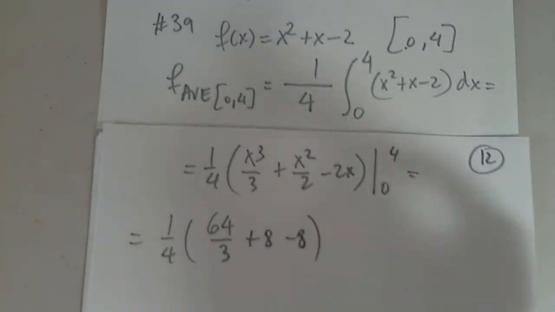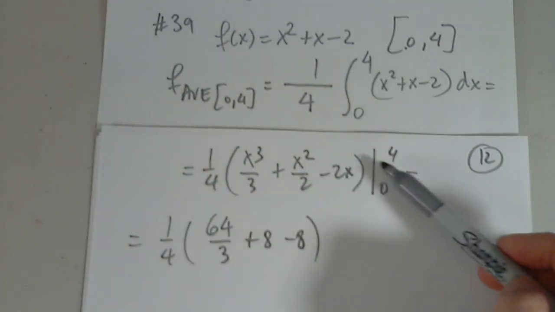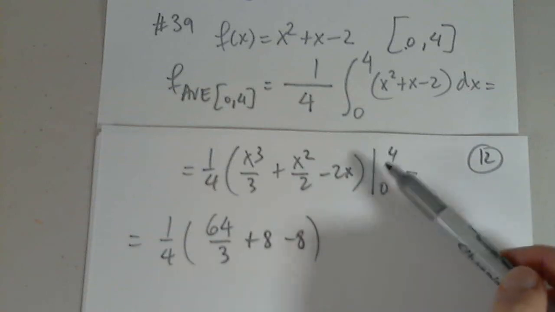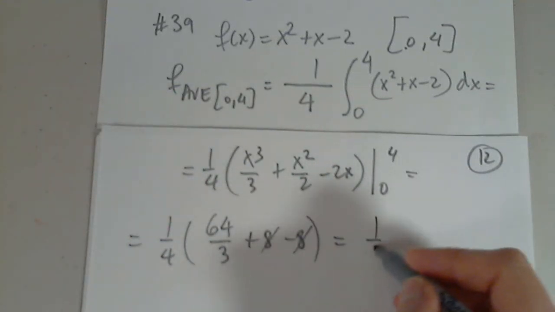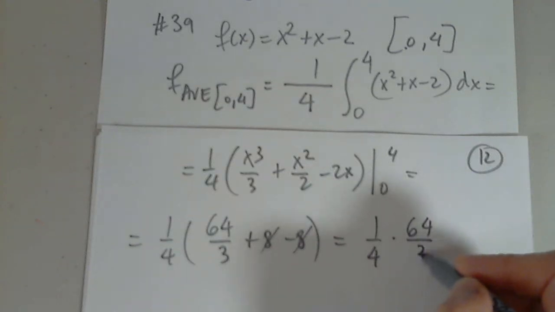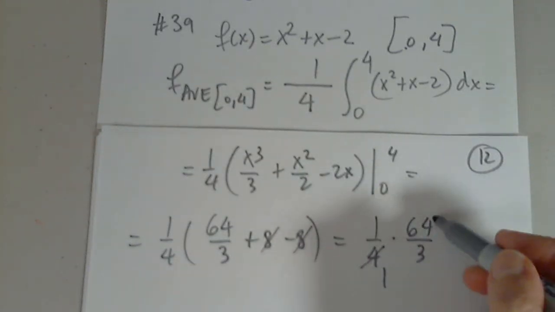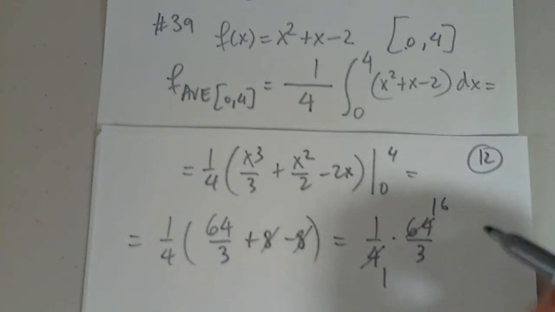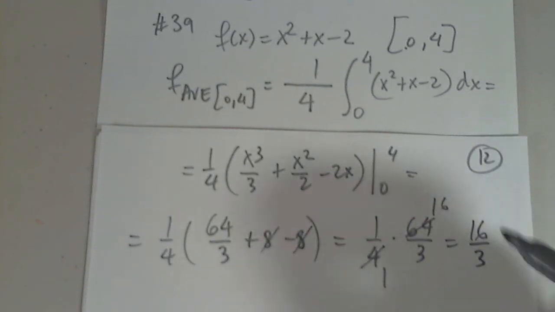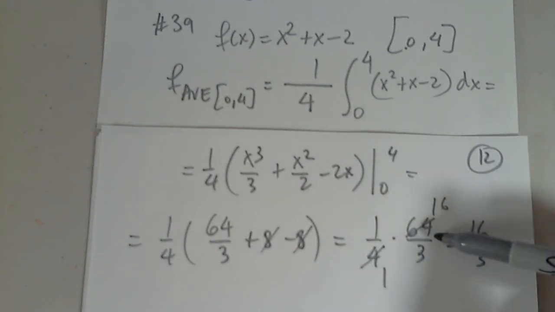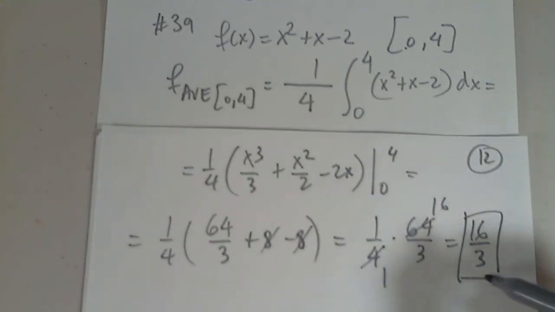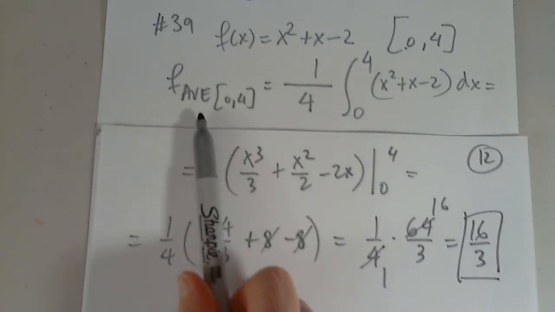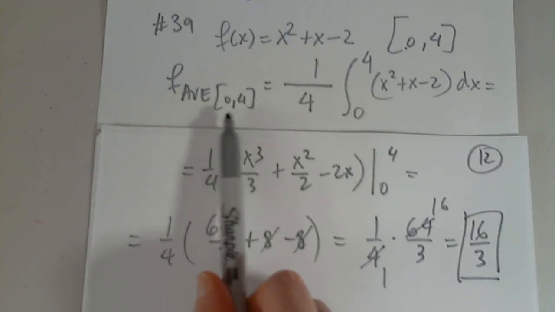I'm checking my numbers now again. So 64, that's correct. 16 divided by 2, 4, yes, these two go away. And then I have 1 over 4 times 64 over 3, and I'll simplify, and I get 16. I'm checking again. Yeah, 16 divided by 3 is the average value of this function only on the interval 0, 4.